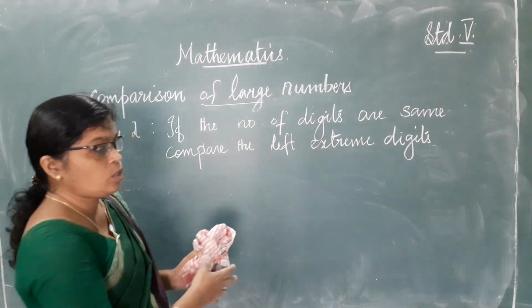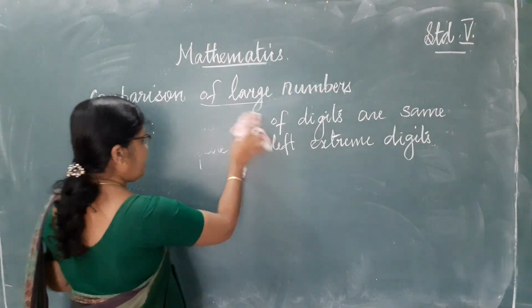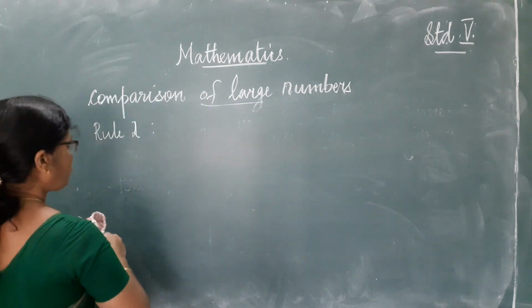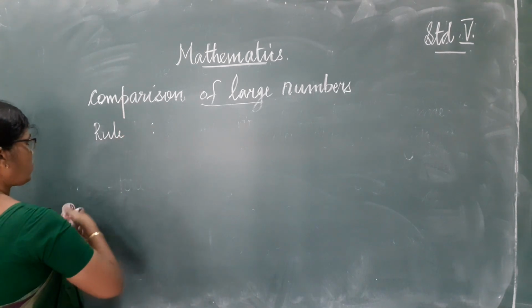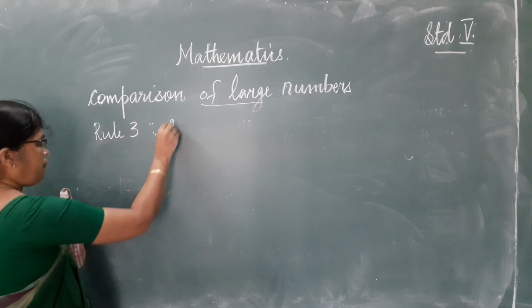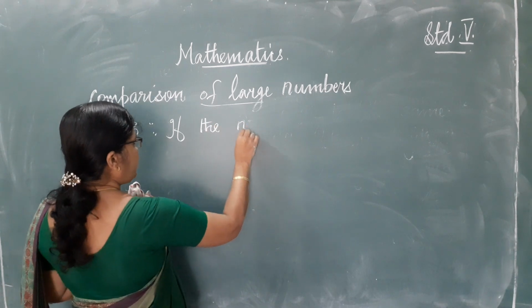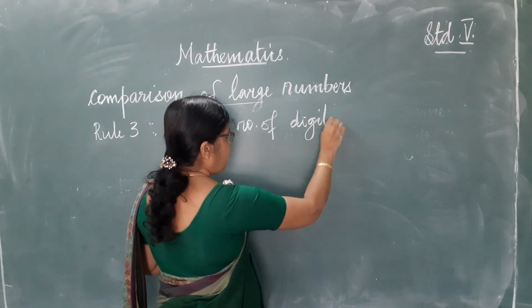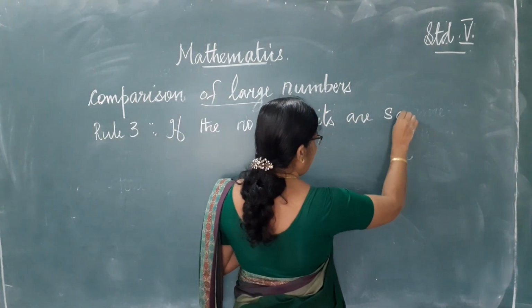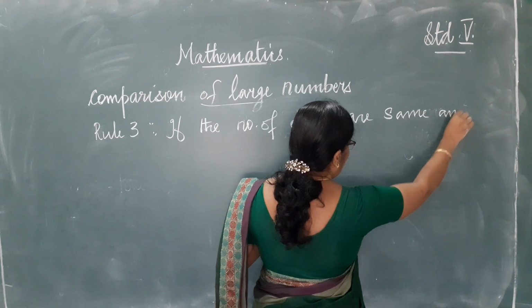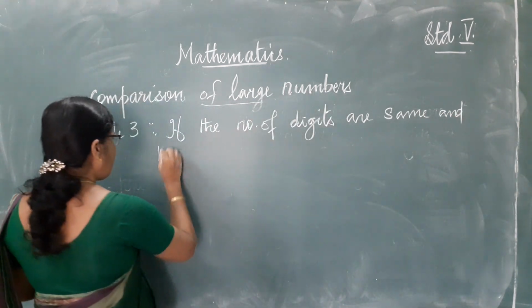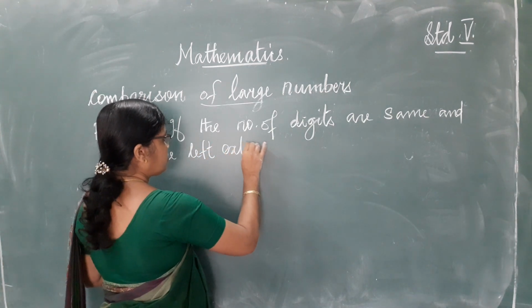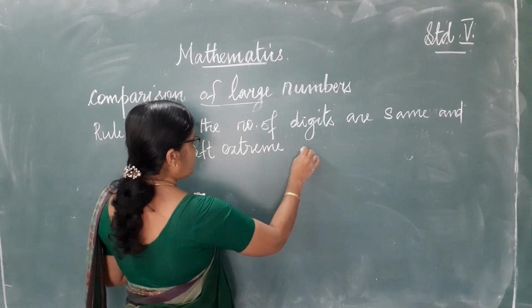Okay. Now, the next rule is rule number 3. Rule number 3: if the number of digits are same and the left extreme digits are same.